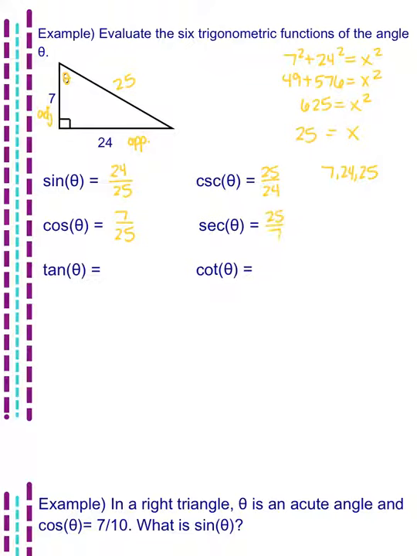And tangent is going to be opposite over adjacent, so I get 24/7. And cotangent is going to be 7/24. It's the reciprocal. So now I should check and make sure nothing can be simplified here. They all look pretty good to me. So I have now defined all 6 trig functions for that specific angle.